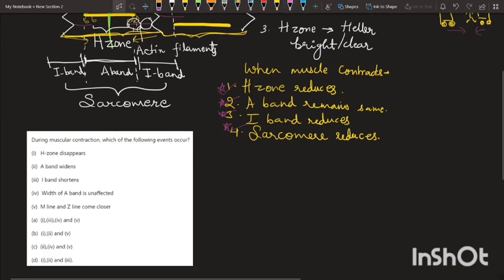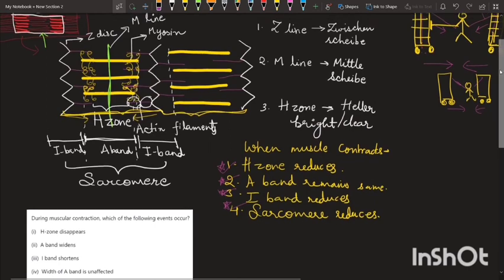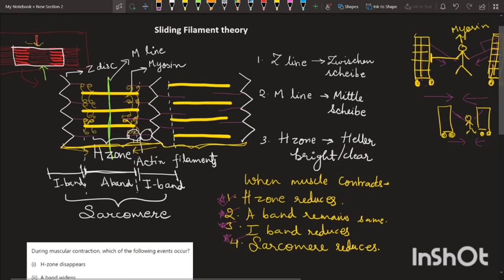Okay, now let's see over here what we have studied in our previous lecture is what cannot happen. Let's see what we can eliminate from here. It says A band widens. Will there be any change in A band when the muscle contraction will happen? No, the A band will remain that much only. Why? Because A band is actually the myosin's length, isn't it? So the myosin length is not going to change. So the A band length will be same. As you can see at the number second point, A band length remains the same.